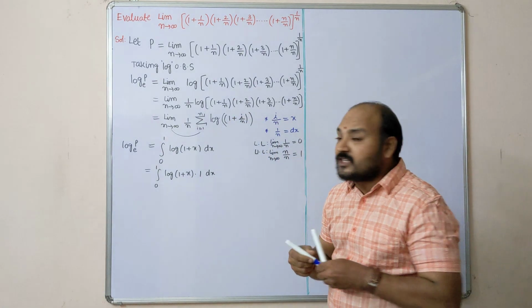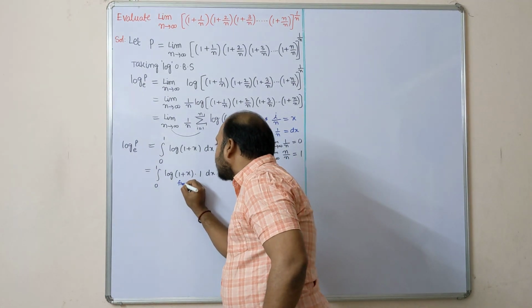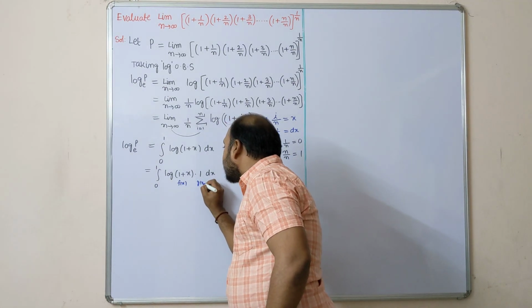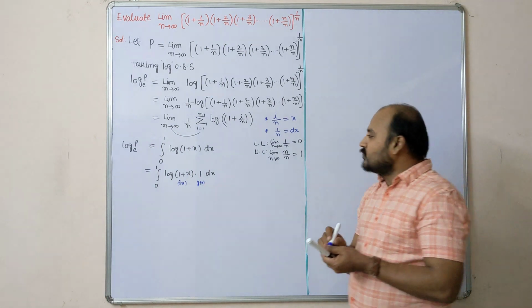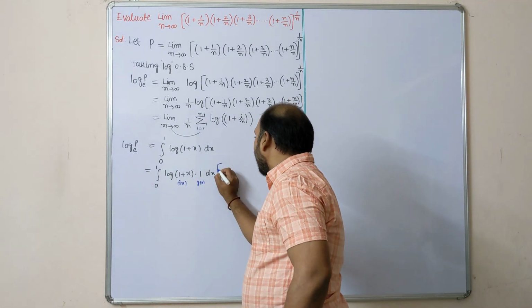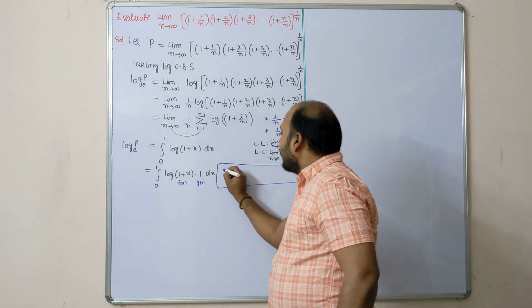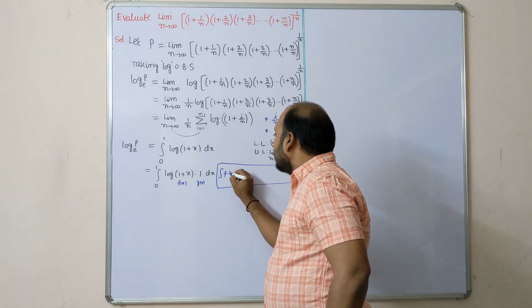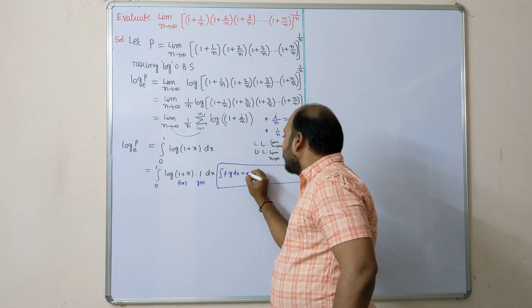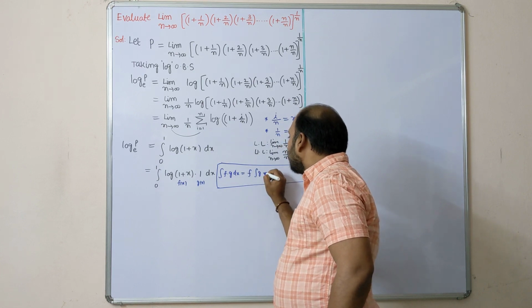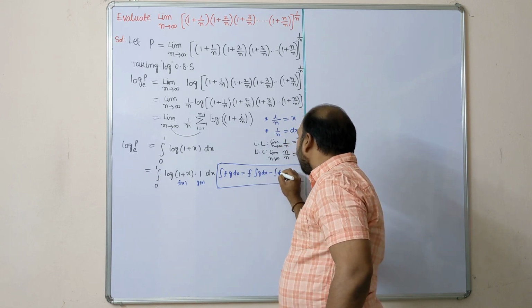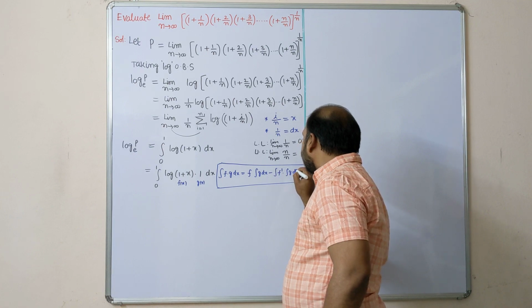By using integration by parts, this is f of x, this is g of x. Here I will write the formula for the students' convenience: integral f into g dx equals f into integral g dx minus integral of f dash into integral g dx, dx.